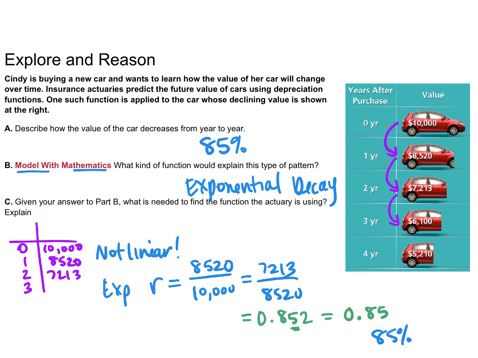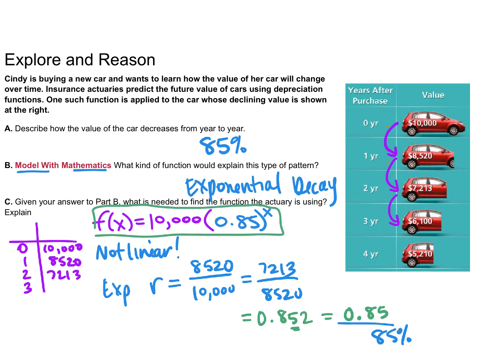The function can be defined as f of x equals the starting value, 10,000, times your growth or decay rate, which is what you found, 0.85, raised to the x power. This is what you'll be doing today, but also using different equations that have compound interest.